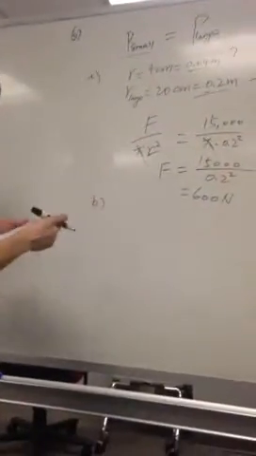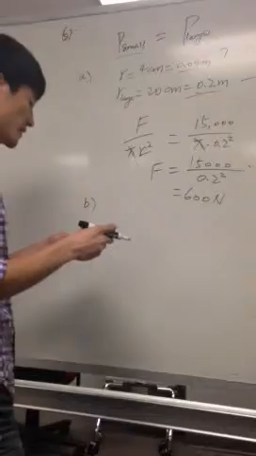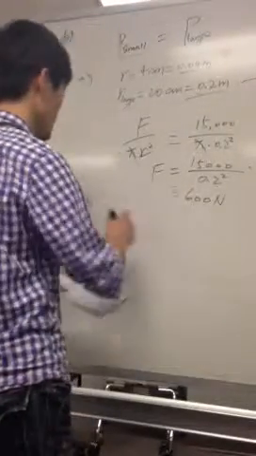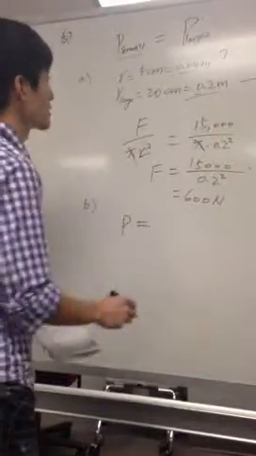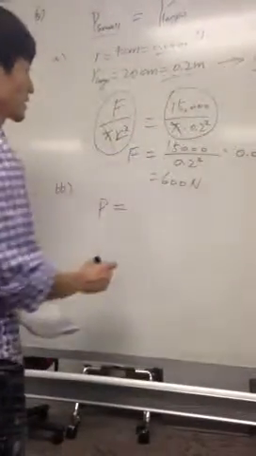B is what's the pressure applied to the fluid in the lift. What's the pressure? You can calculate this one or this one, it's the same.